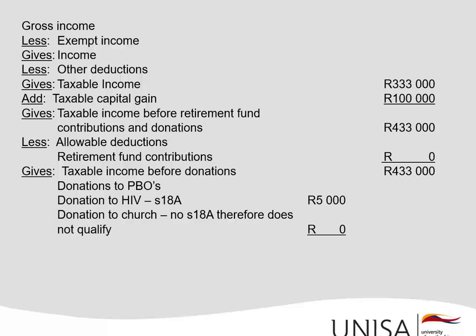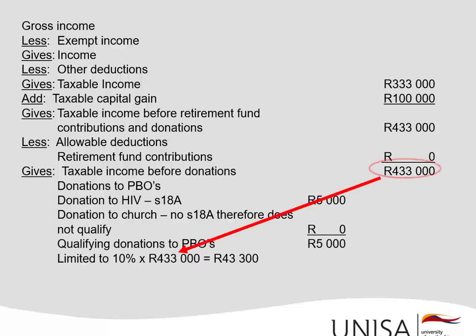And please just note that where there's a nil amount, you have to give a reason. So it doesn't qualify because there's no Section 18A receipt. Okay, so the total qualifying donations of this taxpayer are 5,000 Rand.